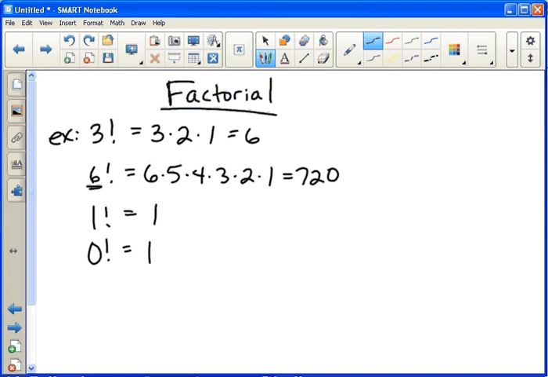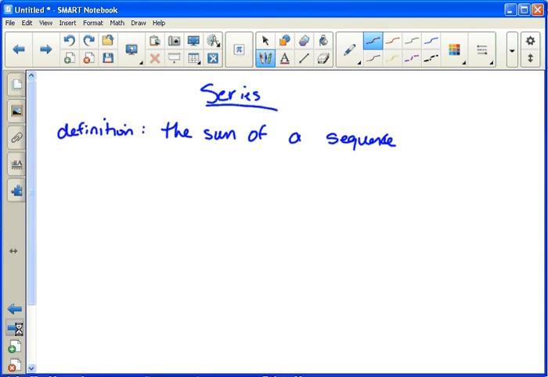Last thing we're going to talk about are series. Series are the sum of a sequence. So I think I can illustrate this pretty quickly for you. A sequence would look like this. 1, 2, 4, 8, 16, and so on, where I'm just doubling each time. That's a sequence.